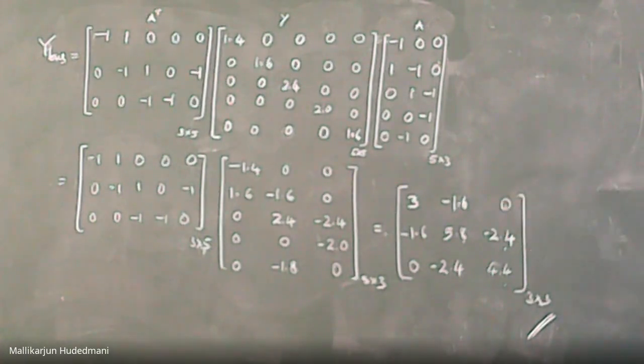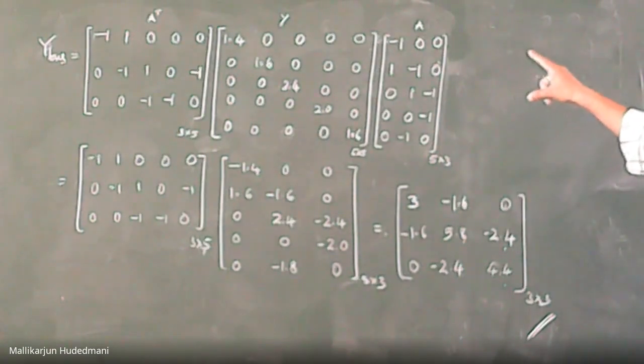The 5 cross 5 matrix was your Y primitive matrix. A matrix was 5 cross 4. When we deleted that column, it became 5 cross 3. And we use the product A transpose Y into A, we could get the answer. So the problem looks apparently lengthier, but is very simple in logic.